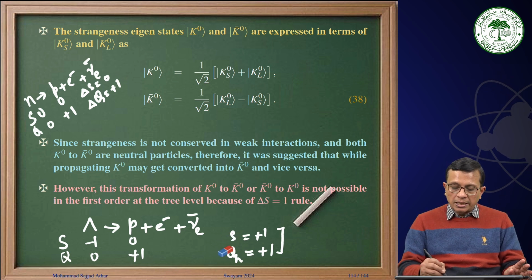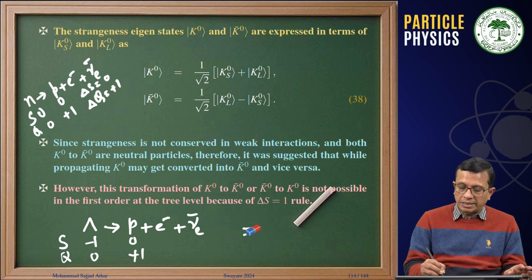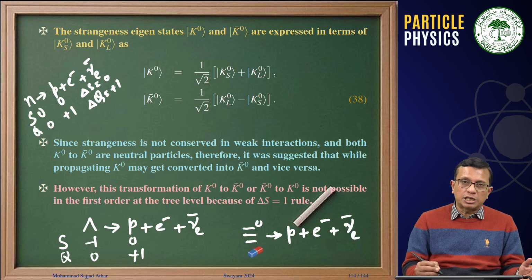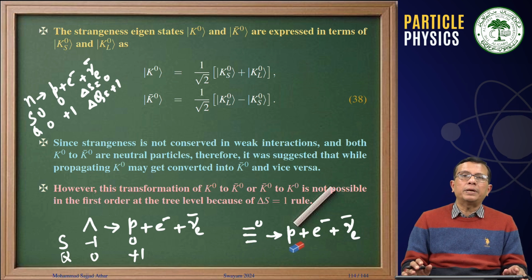Then let me take another example. In principle, that should be possible from the phase space criteria: a cascade 0 decaying into proton plus electron plus antineutrino. As you know, cascade 0 is a spin half baryon. Therefore, this is a baryon, this is another baryon, and you are conserving baryon number.